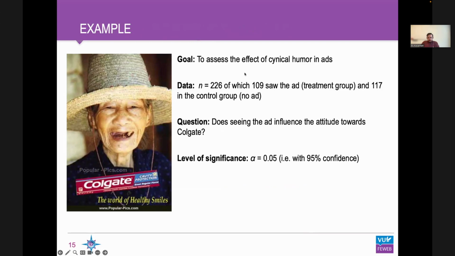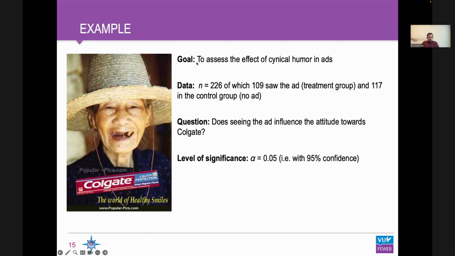Let's look at these in an example. This is a Colgate ad, with the world of healthy smiles, but it depicts a picture of a woman without teeth. This is basically called cynical humor.